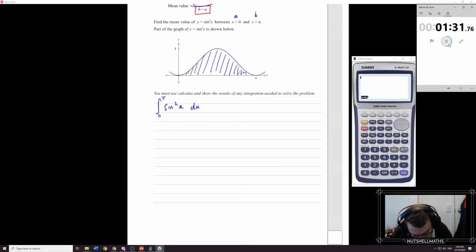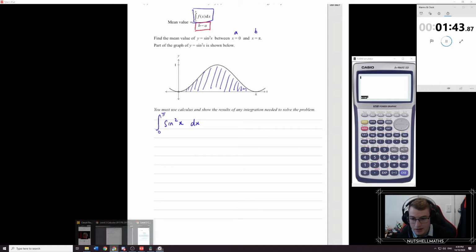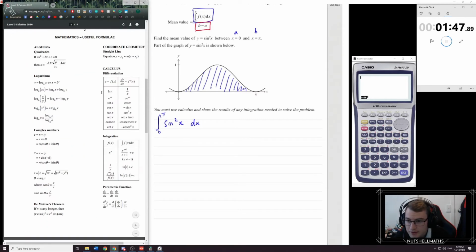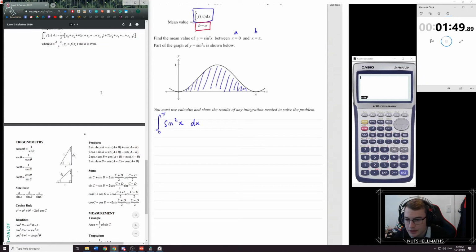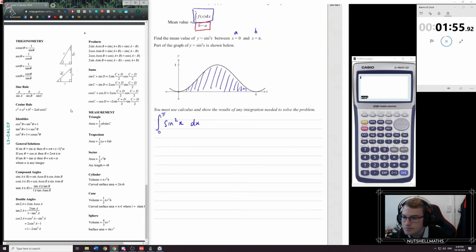But let's see, the integral of sine squared x. Okay, I know I can't just integrate that straight out the gate. That's too hard for me. But when I see a sine squared or a cos squared, I start thinking formula sheet. So I've got my formula sheet here. Let's see if I can spot a good formula. Right, sine squared, sine squared.